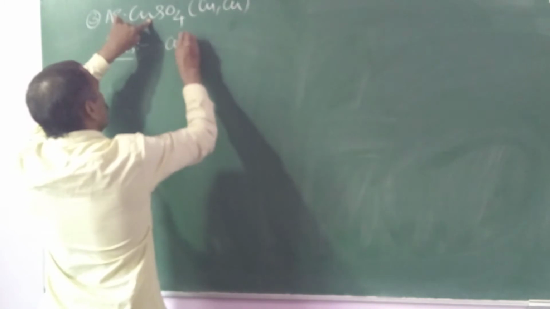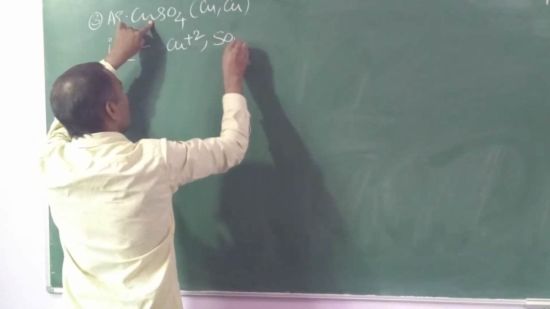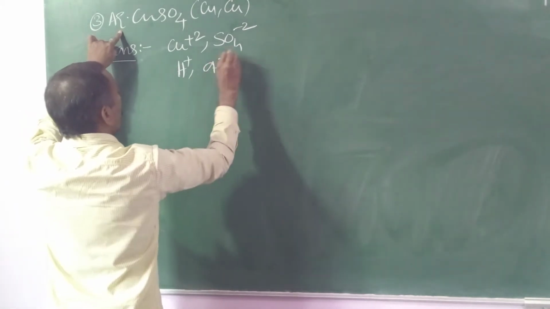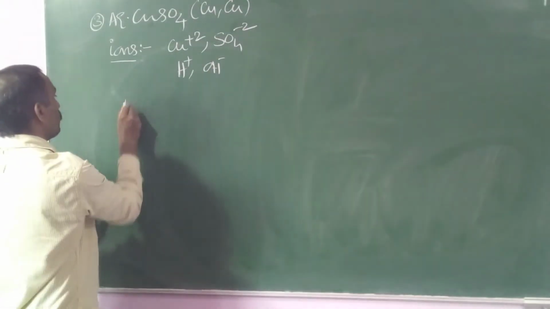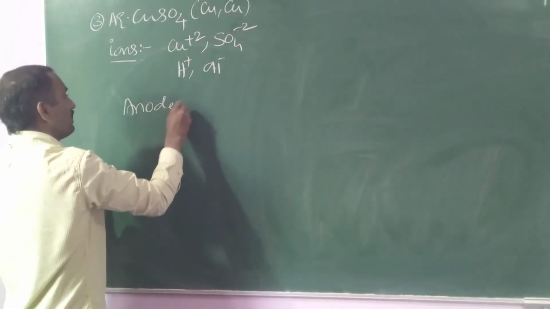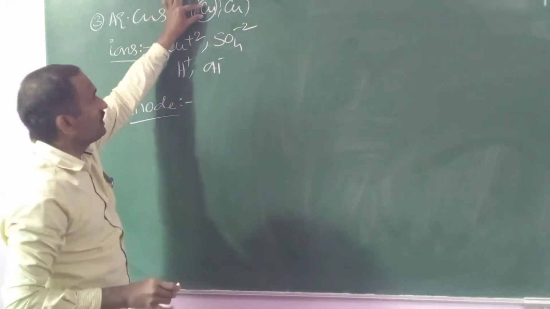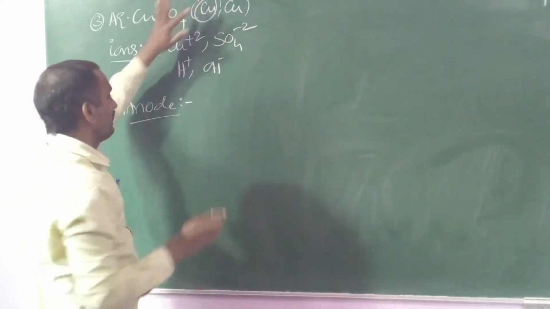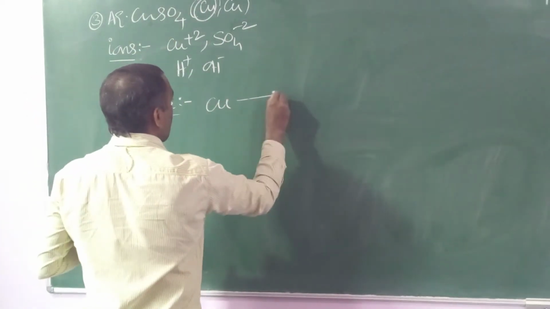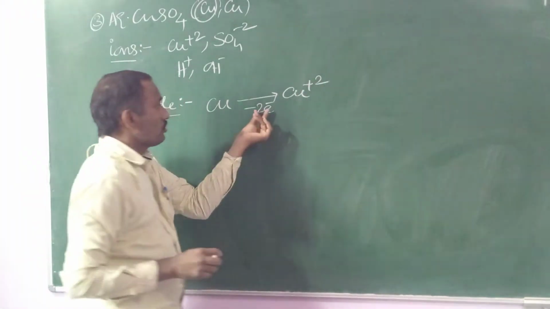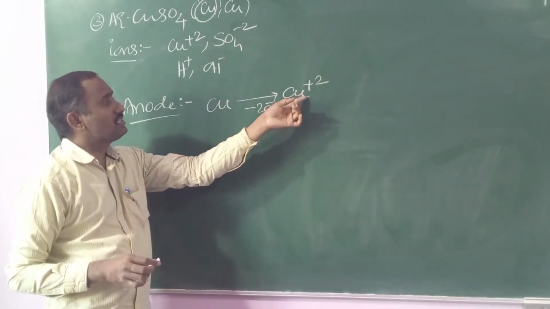Cu plus 2, SO4 minus 2, and from water H plus and OH minus. Now, the anode product. Blindly remember that whenever active electrodes are there, the metal itself is involved in the reaction. Therefore, at the anode, copper loses 2 electrons, converting into Cu plus 2.